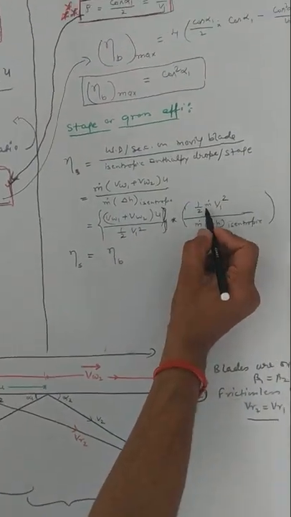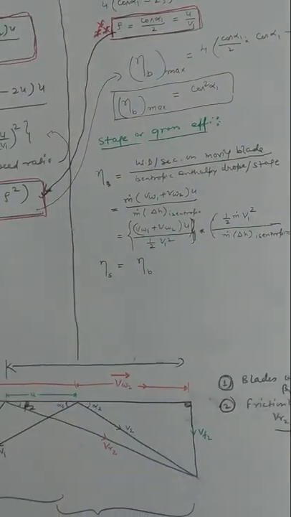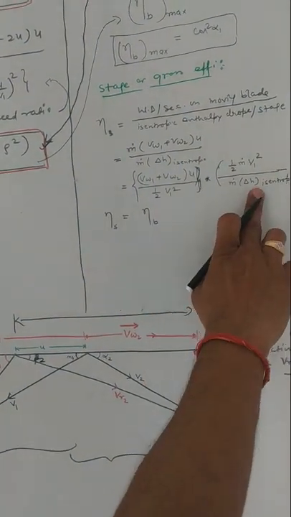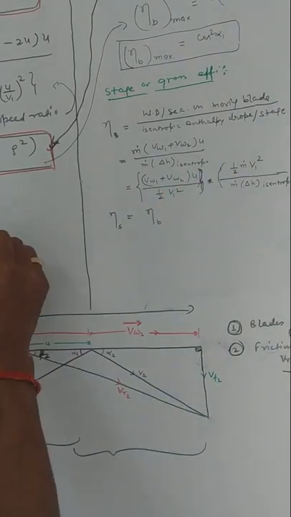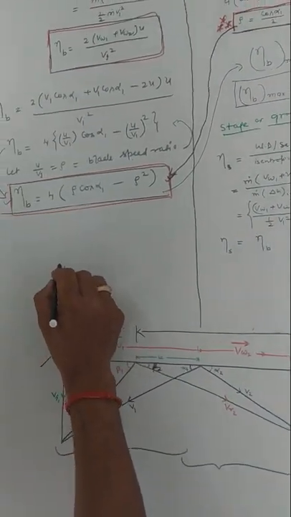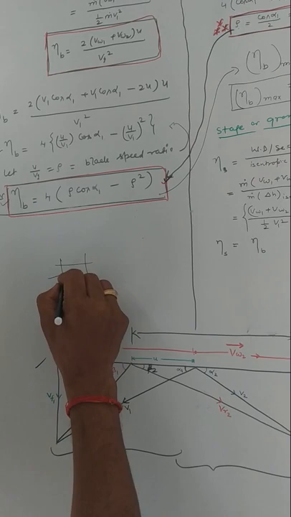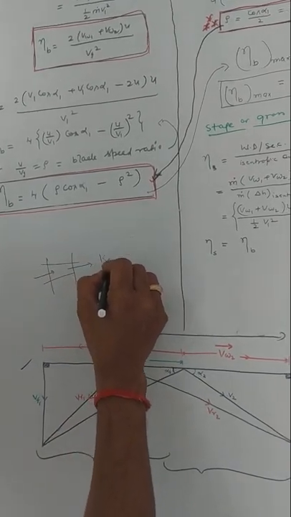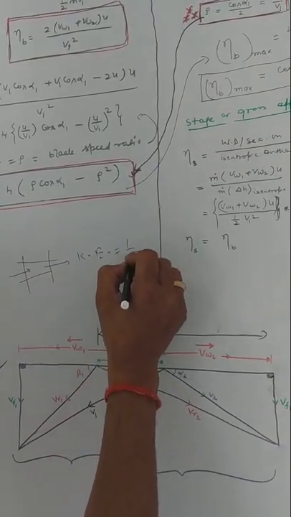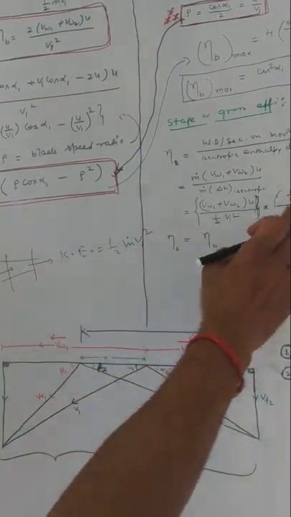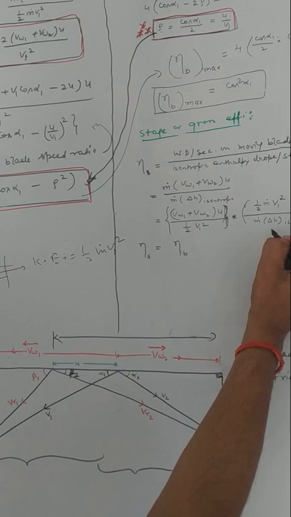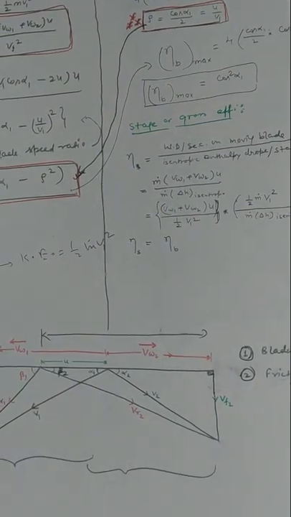And the second term, half m V1 square, is the kinetic energy divided by the total isentropic enthalpy drop. This is the energy supplied, and this is the output energy. At the nozzle exit we have kinetic energy half m V1 square, which is the exit energy at the nozzle, and this is the total energy drop in the nozzle section.